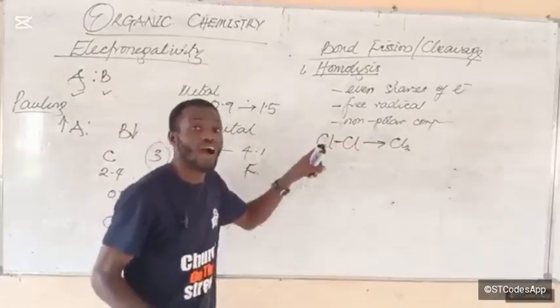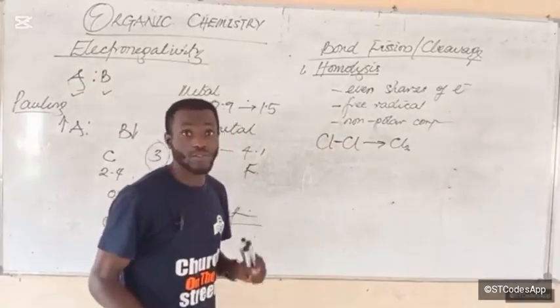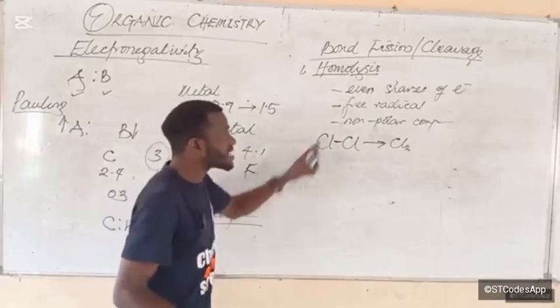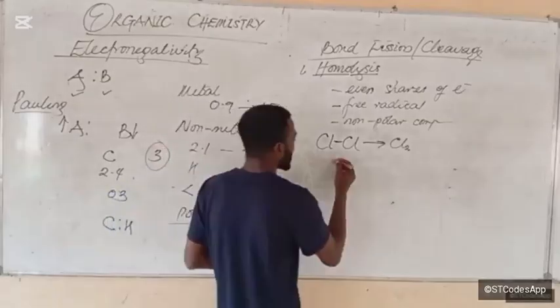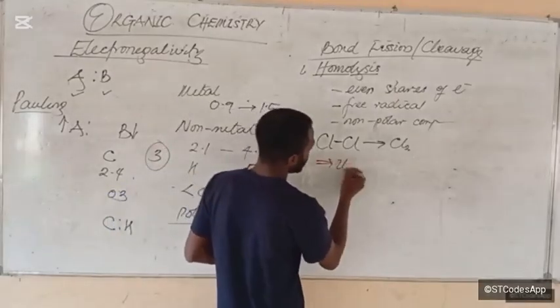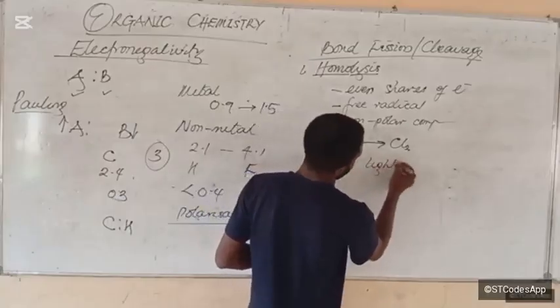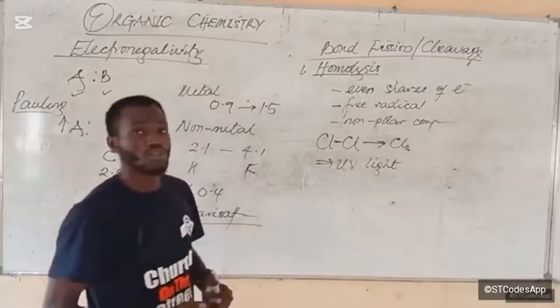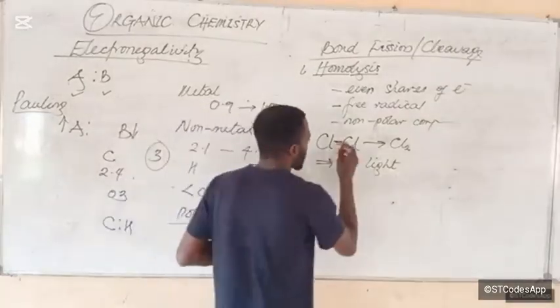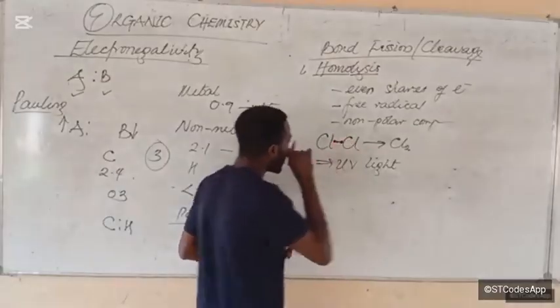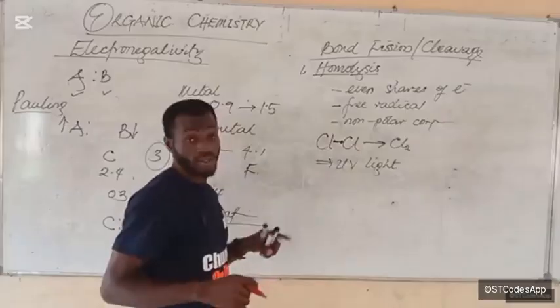So how does it cleave? That brings us to the characteristics. This cleavage can only occur in the presence of a catalyst such as UV light. In the presence of UV light, there's going to be cleavage. I've told you before that a bond refers to 2 electrons, right?